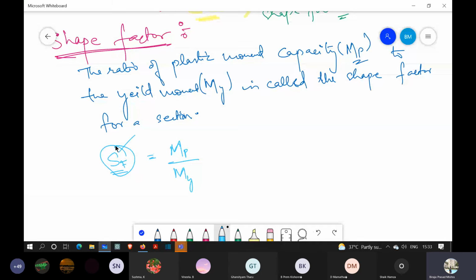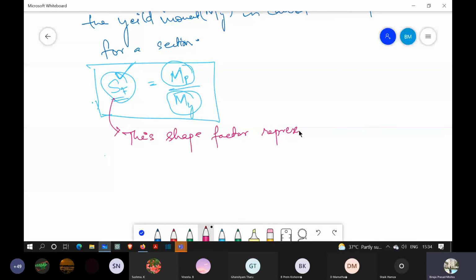So here you can write, this shape factor represents the increase in strength due to the plastic capacity of the structure.